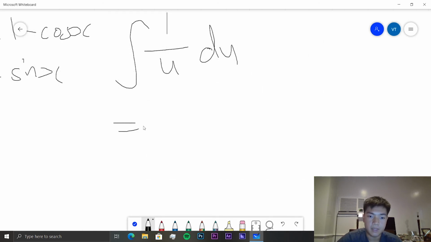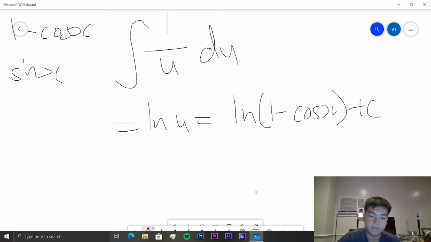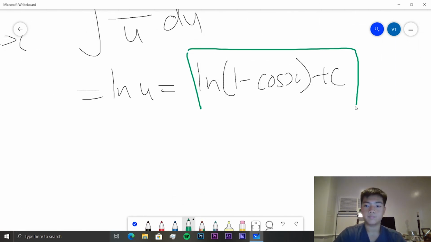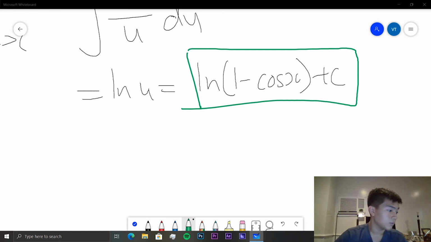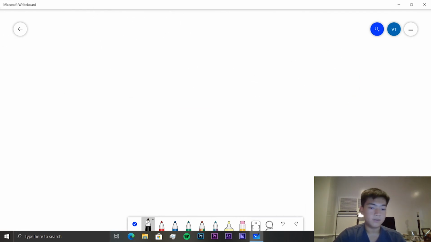So this will be ln u, which is equal to ln of 1 minus cosine x plus c. Yeah, so this one looks quite good. Then on to the final few questions.